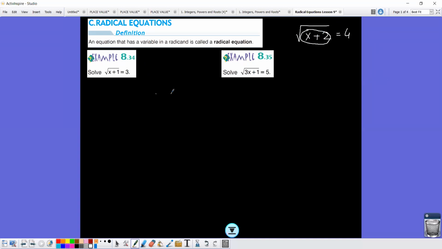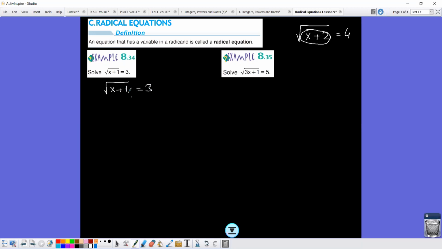So how do we solve radical equations? What do you think? How will I solve this one? I have a square root here: the square root of x plus 1 is equal to 3.